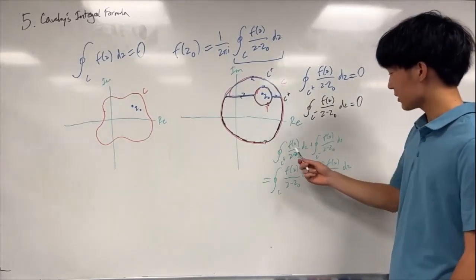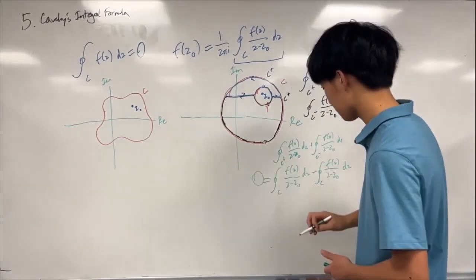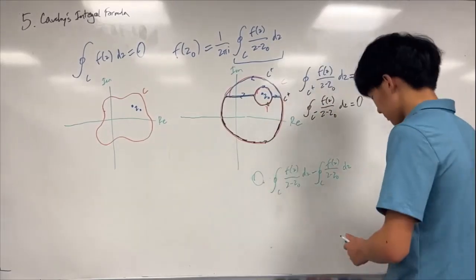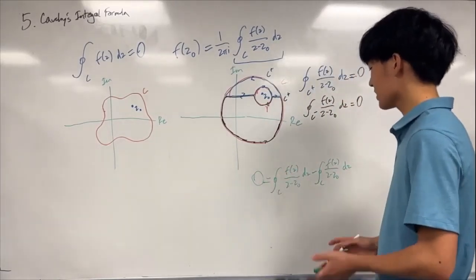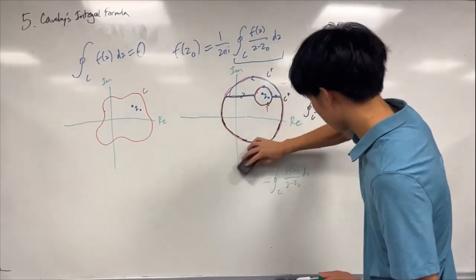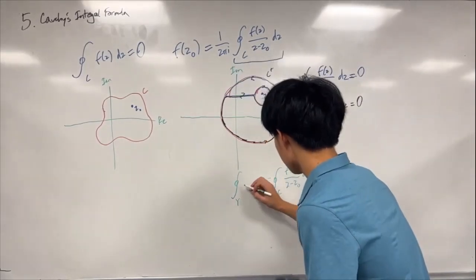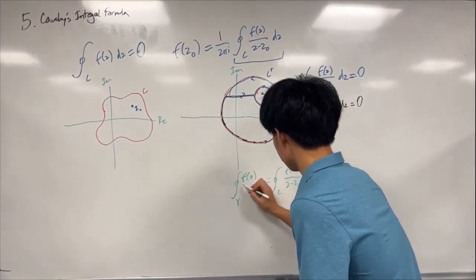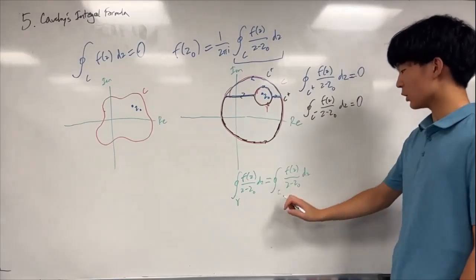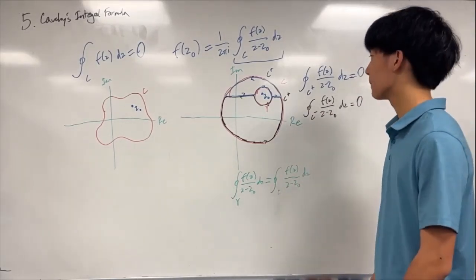And we just showed that this bit is equal to 0. So, some simple arithmetic, moving this to that side, tells us that the integral over gamma of f(z) over z minus z sub 0 dz is equal to the integral over c of f(z) over z minus z sub 0 dz.